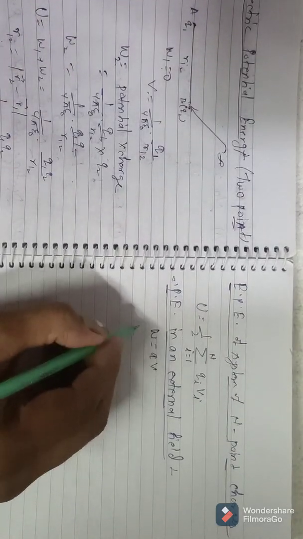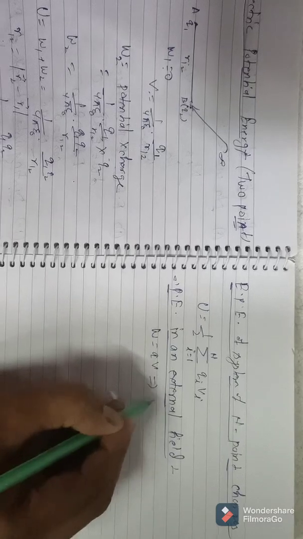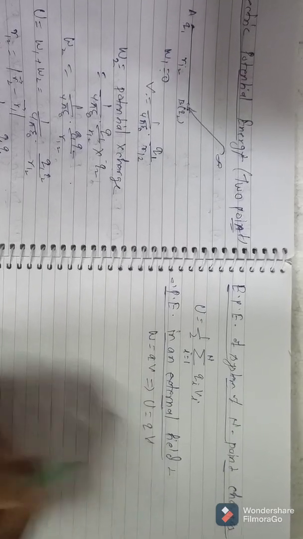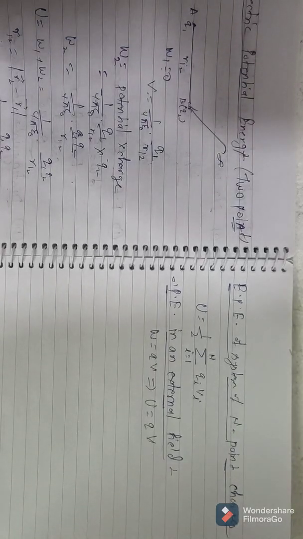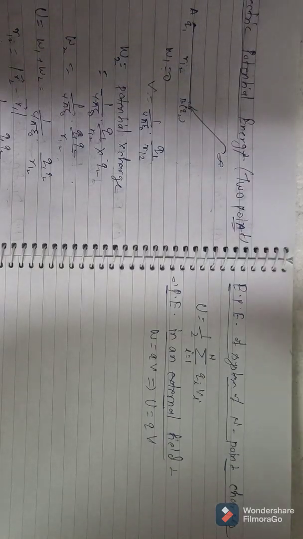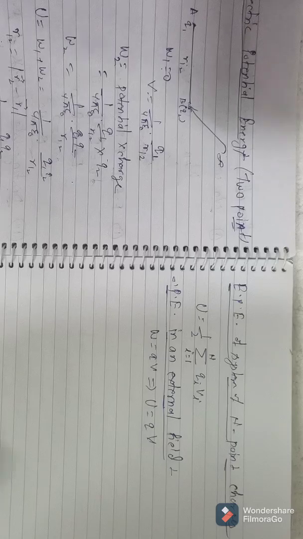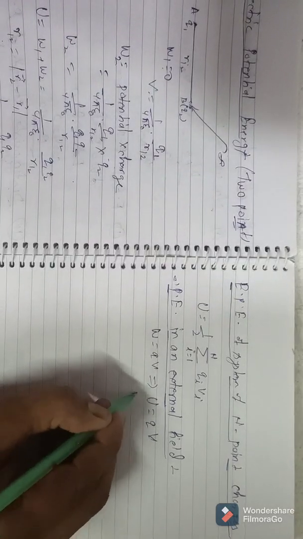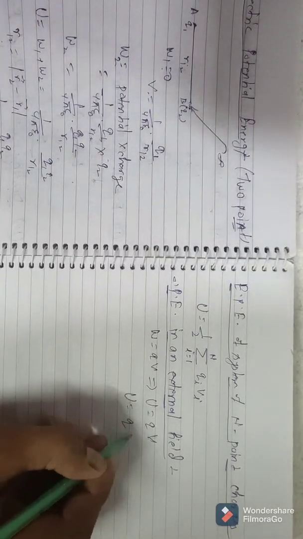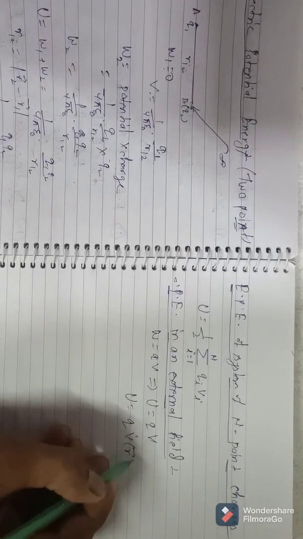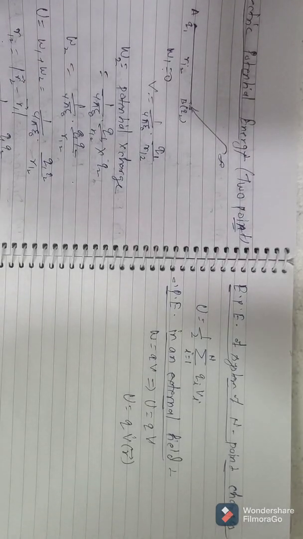So if W equals QV, then U will also be equal to QV, because the work done is stored in the form of energy. After that, if the charge is located at a distance small r, we can write U equals Q V of r. The meaning of this is that the charge is located at the distance small r.